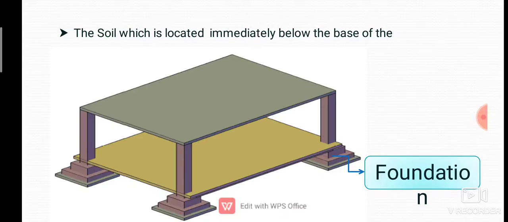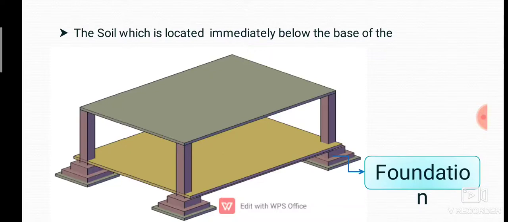Staircase is used for vertical circulation and provides access from one floor to another. Then lift: in buildings having more than 3-4 floors, lifts are generally provided for vertical circulation. Vertical circulation means floor to floor circulation, and horizontal circulation means room to room circulation.